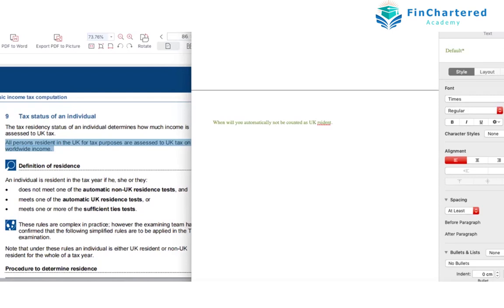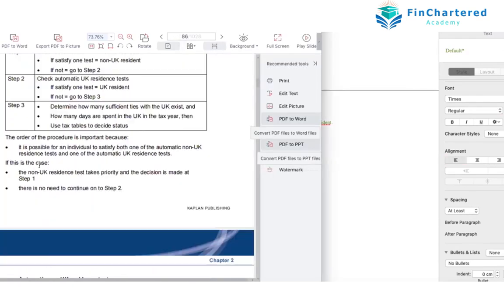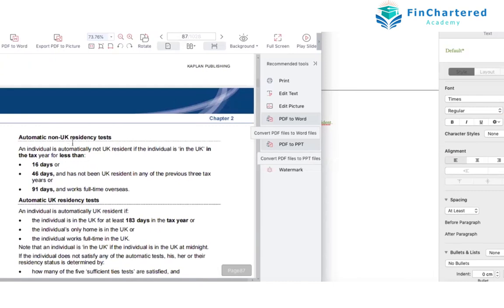When do you think you will not be counted as UK resident? If you were in the UK for less than 16 days in a tax year. You have to be in the UK for less than 16 days in the tax year.